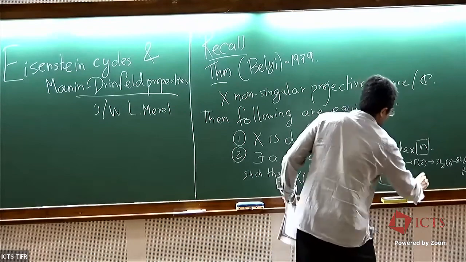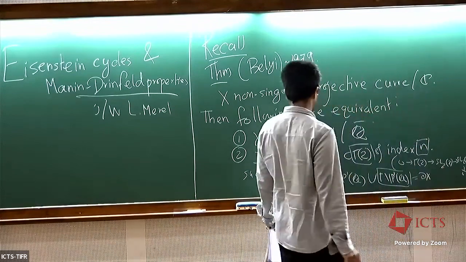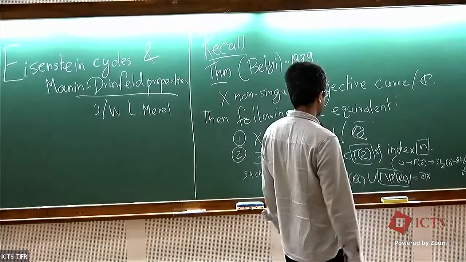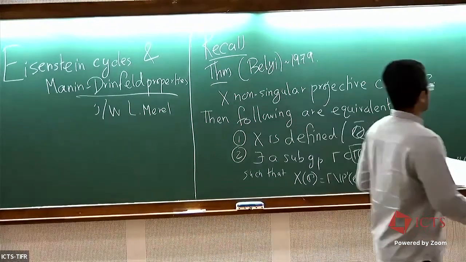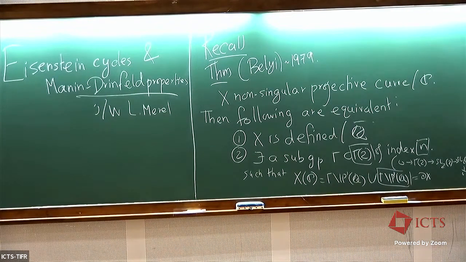This is your boundary of X, and this plays a key role in the whole talk. And yeah, there exists an n-sheeted covering map, the same n.